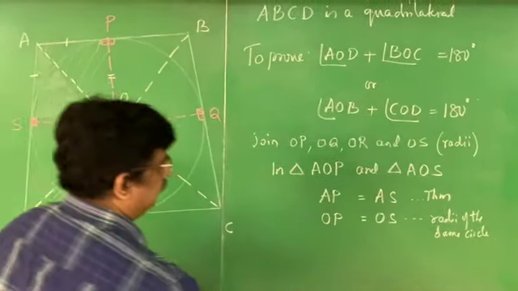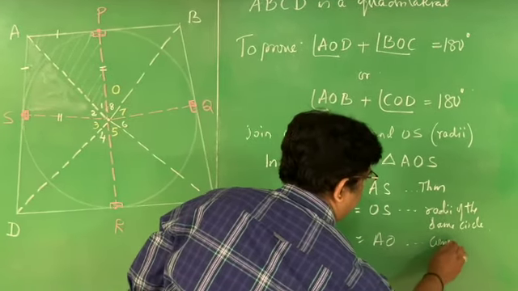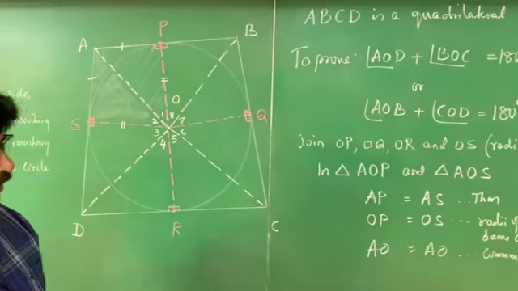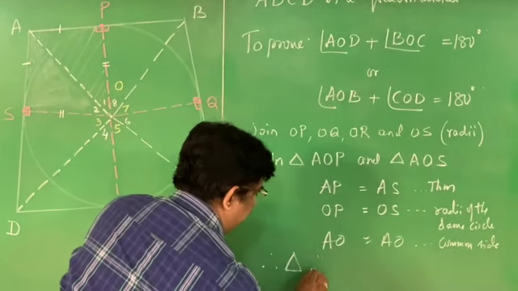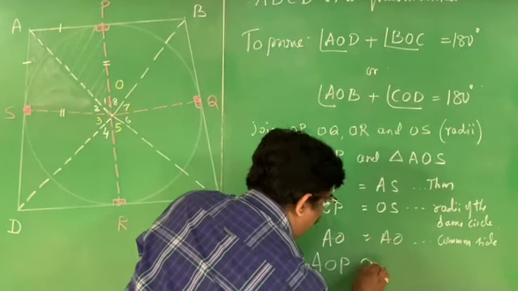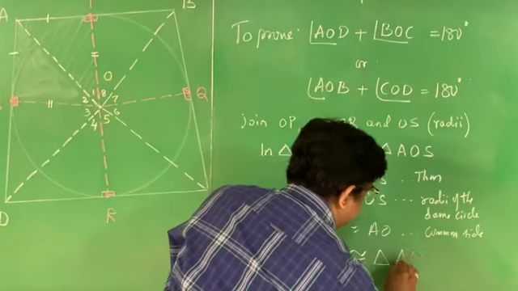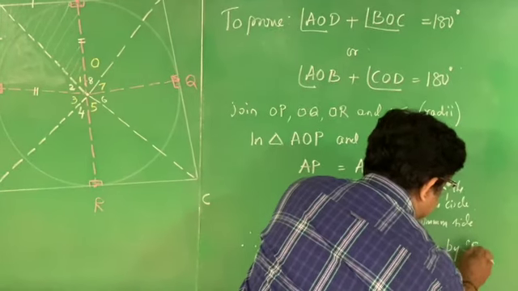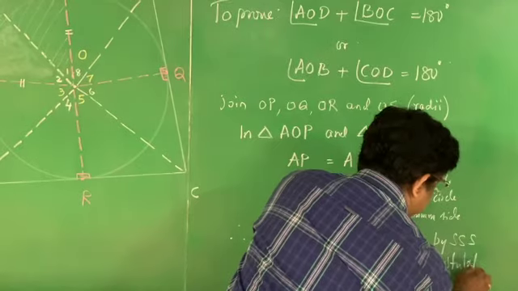Then AO is equal to AO. That is common side. Therefore, triangle AOP is congruent to triangle AOS by SSS postulate.